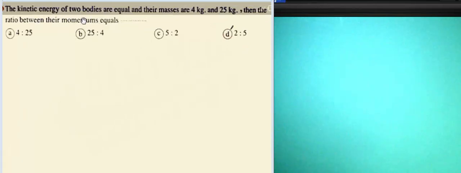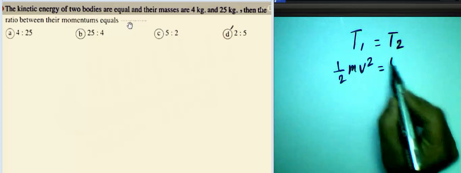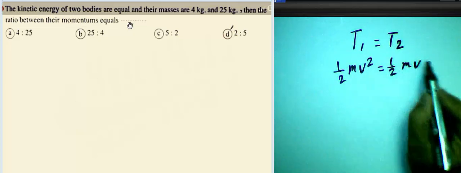Next question. The kinetic energy of two bodies are equal and their masses are 4 kg and 25 kg. Then the ratio between their momentum equals what? Okay, we have here kinetic energy. We know kinetic energy T1 and T2 are equal. Then we know this rule, half m v squared equals half m v squared, with v1 and v2.